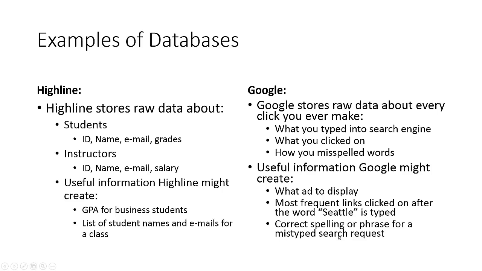Correct spellings. Google also keeps all of that. So that's how come at the top when you misspell something, it immediately has a suggestion. And that's based off of lots of raw data. So those are two examples of keeping raw data and then creating useful information from that raw data.